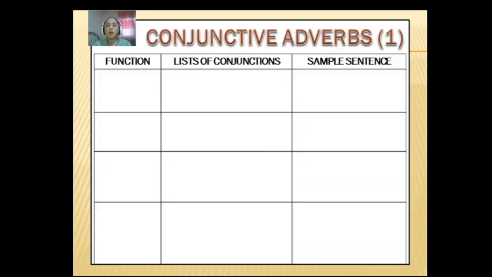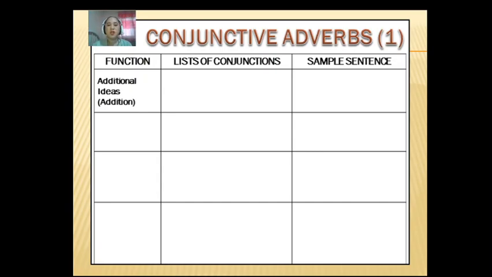So to be able to understand what conjunctive adverbs are, I have here a table wherein we have the function of the conjunctive adverb, the list of conjunctions that we need to use, and the sample sentence. The first function of conjunctive adverb is to give additional ideas.